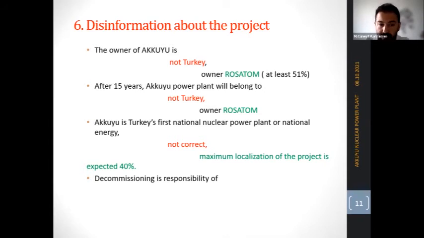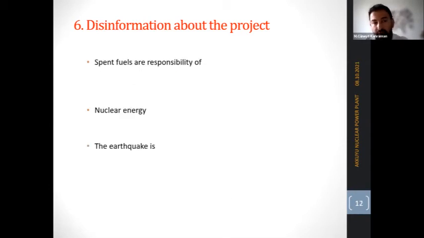The commissioning is the responsibility not of Turkey but of Rosatom. And spent fuel, another issue, is also not the responsibility of Turkey. I mean, after we use these fuels in the nuclear power plant, Russia's side has to consider this issue, and this is their responsibility.